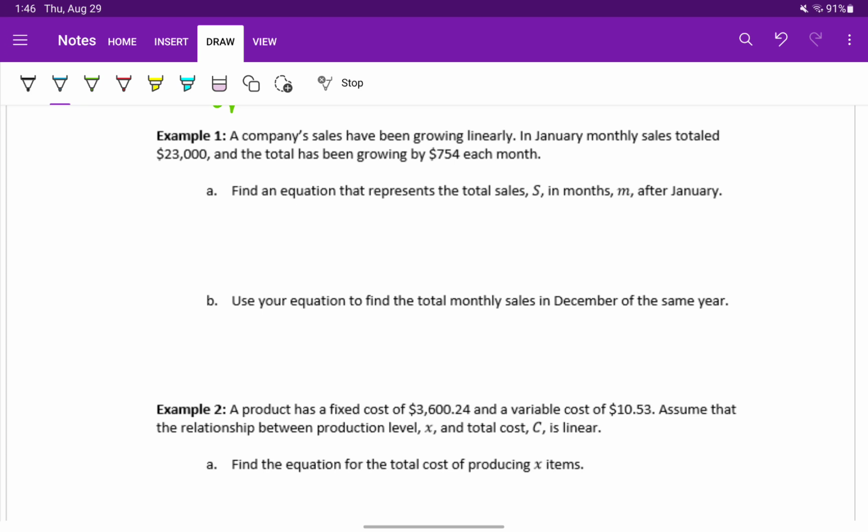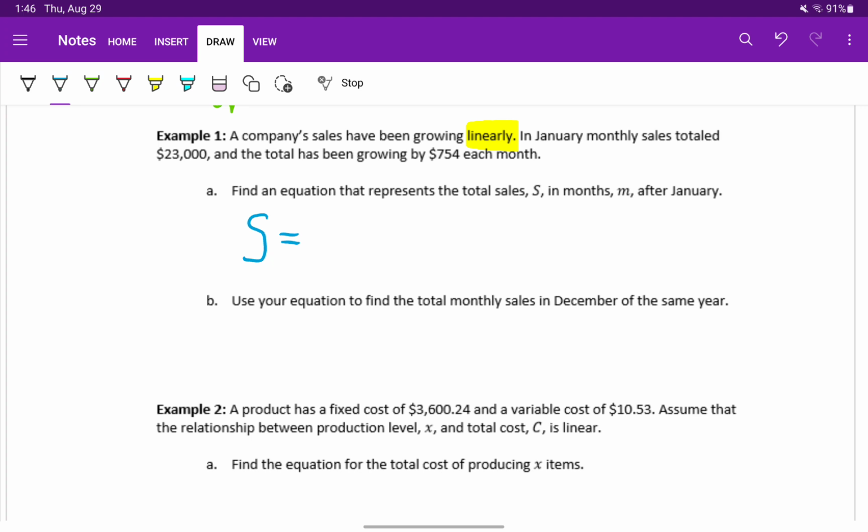In part A, we want to find an equation that represents total sales in months M after January. So total sales, S, would be generated from a linear equation. We know that because we're told that sales are growing linearly. We need to identify a fixed value and a variable value.